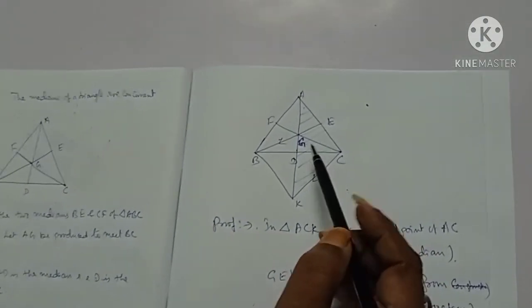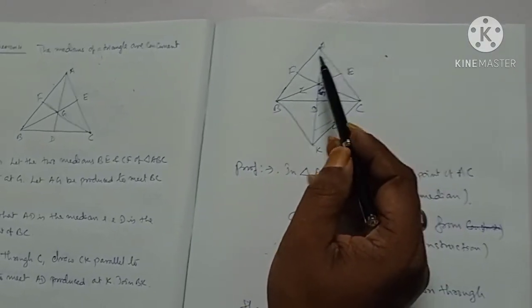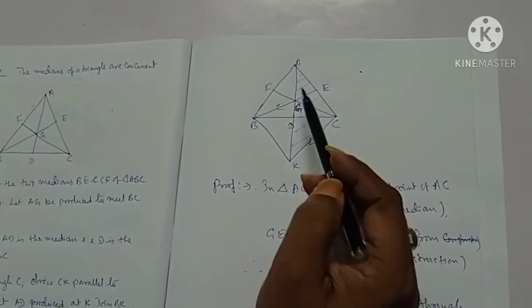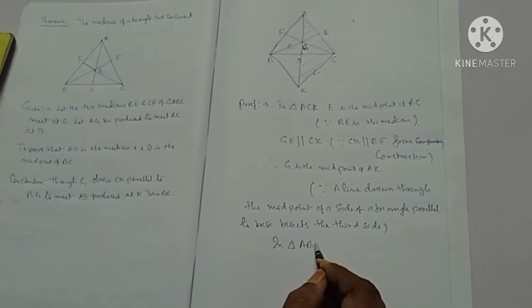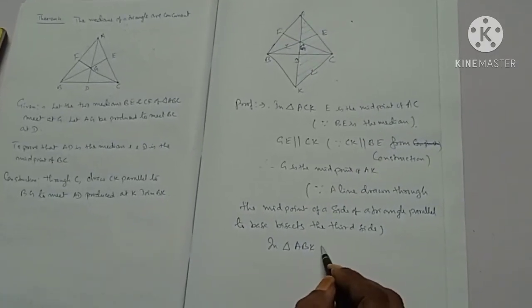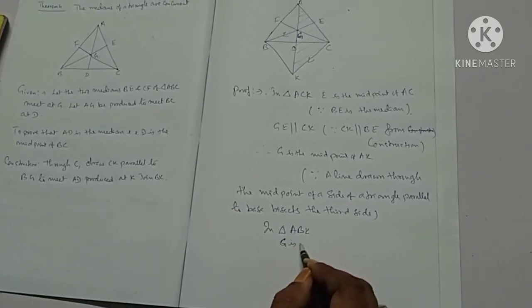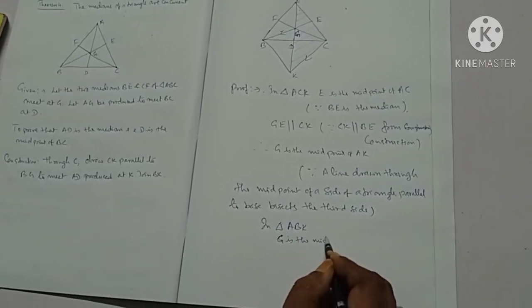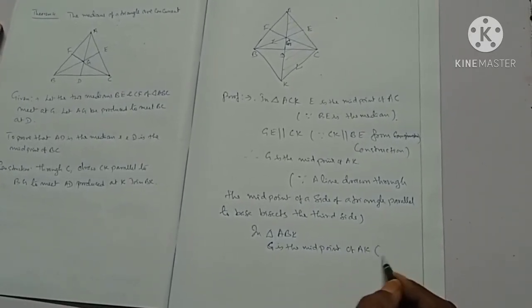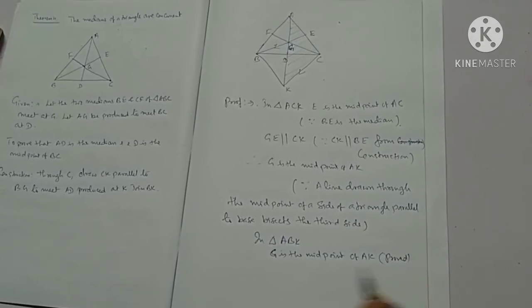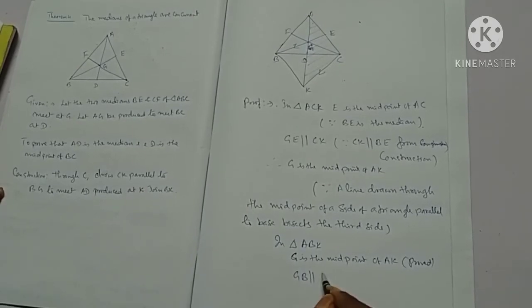Again, in triangle ABK, G is the midpoint of AK, which we have proved, and GB is parallel to CK.